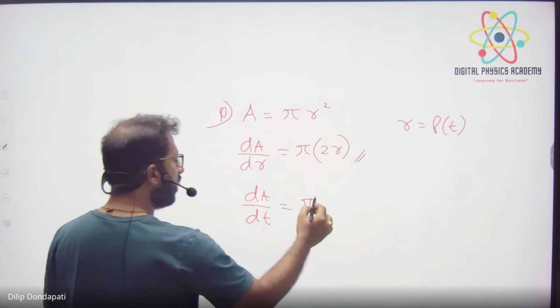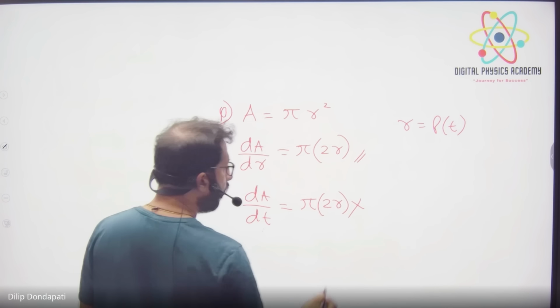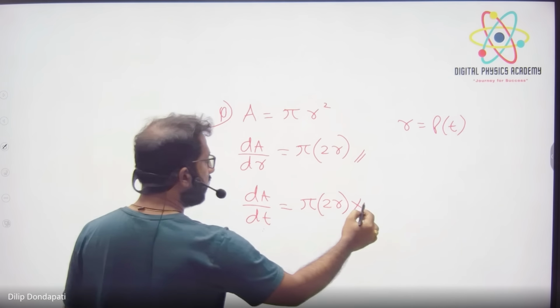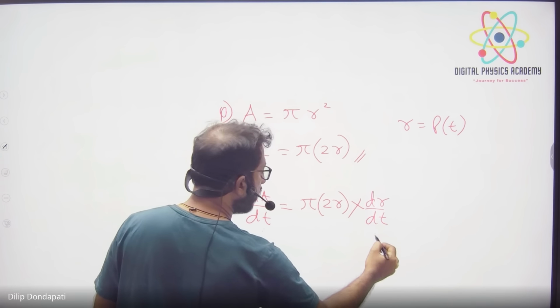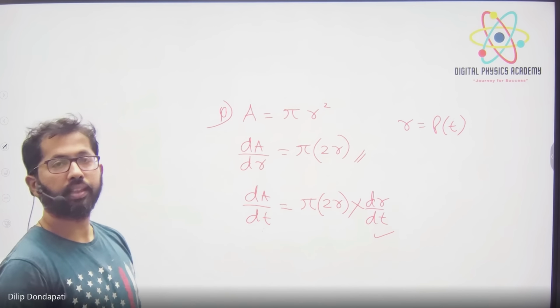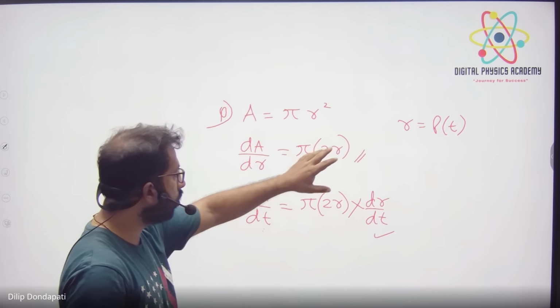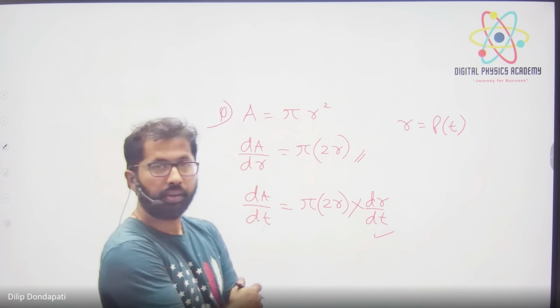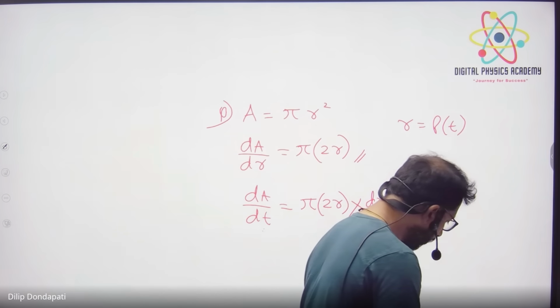Differentiation of r square is 2r into, we should write differentiation of r as dr by dt. This is the answer. One more extra term will be coming here, since we are doing this with time. So you have to write 2r and again dr by dt. Understood? Yeah. So this is the thing you have to understand. This type of questions are there.